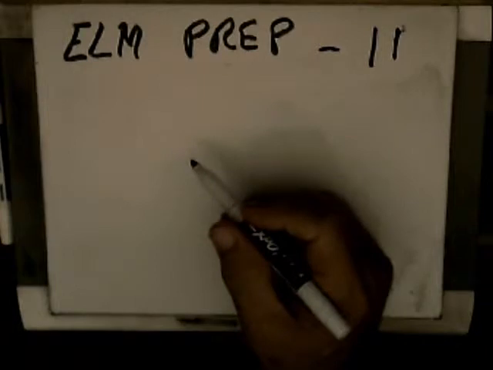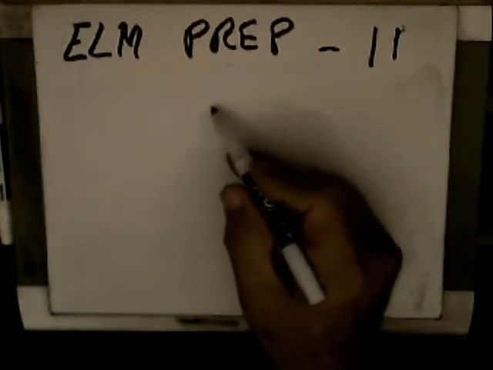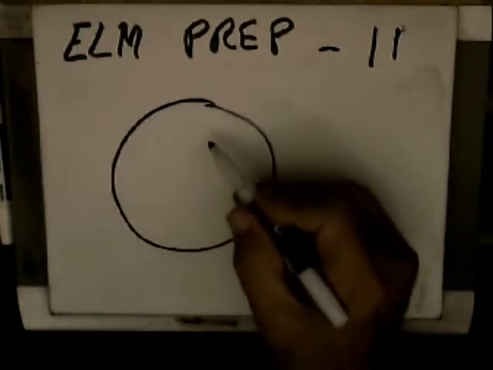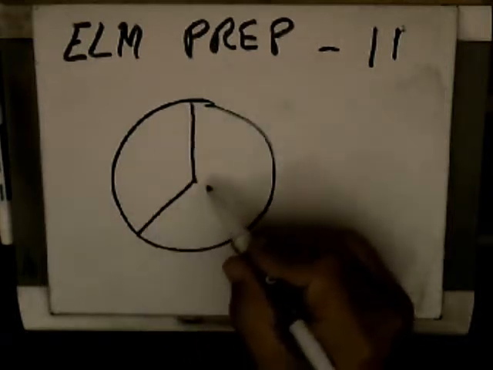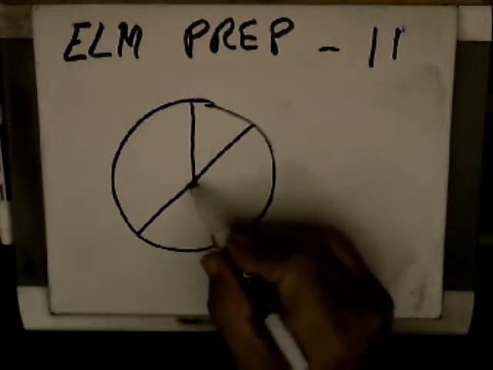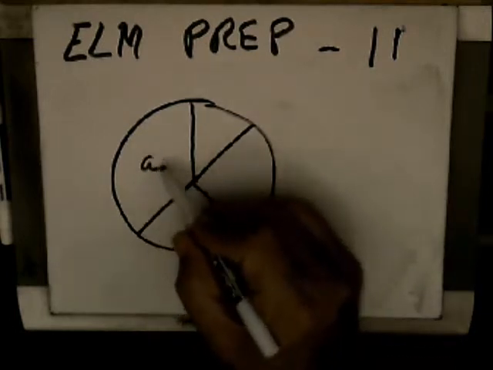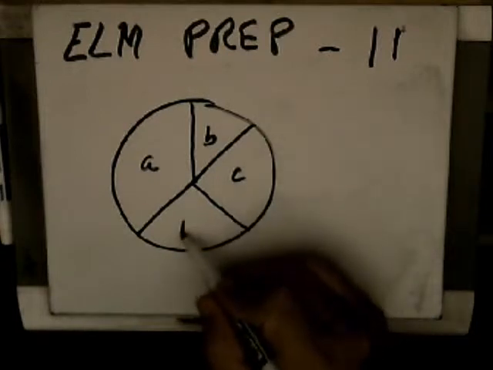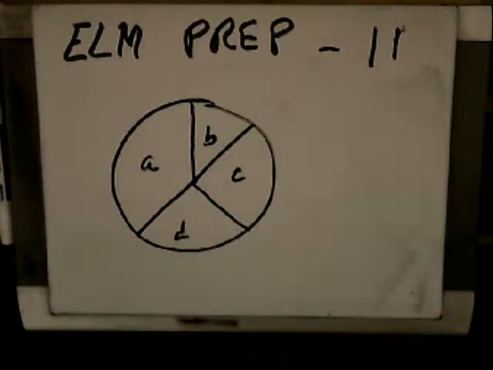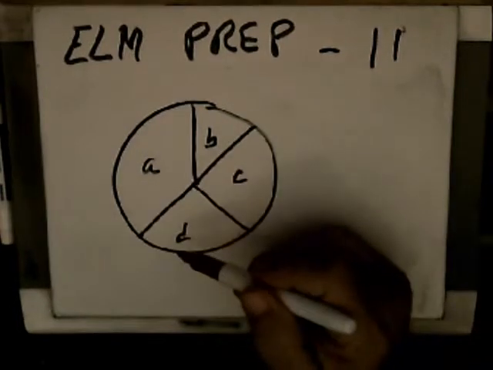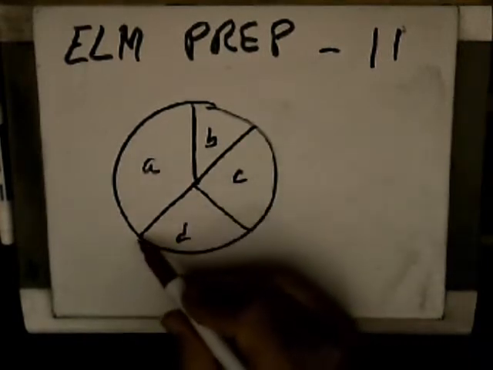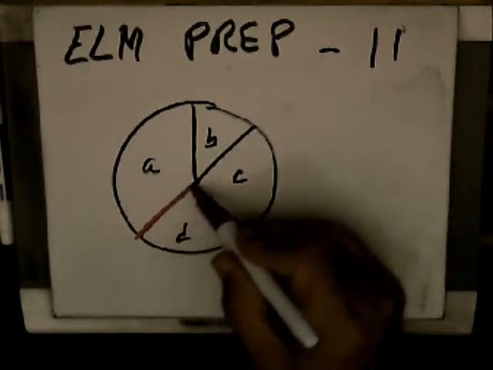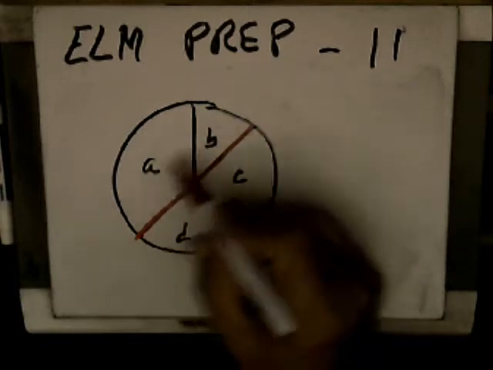Okay, let's talk about reading charts in terms of percent. They might want to know what percent of the total A and B is. Well, if this looks like a straight line across here, then A plus B would be half the circle.